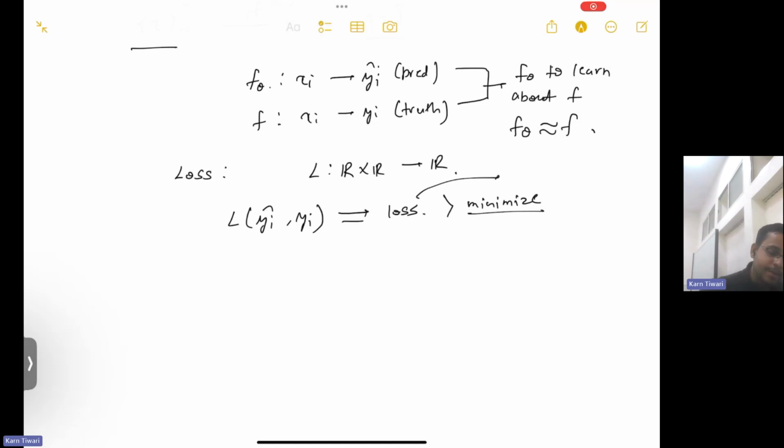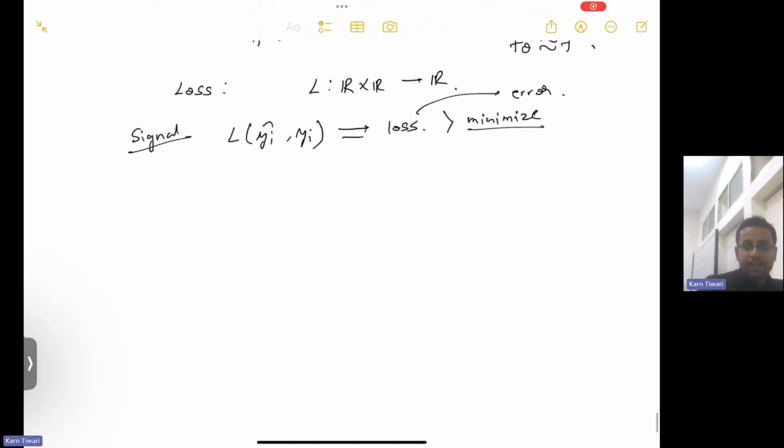It can be called loss, error, or mismatch, but basically in deep learning it is the error signal. It is the information we use for a model to learn about the underlying function f, which we parameterize by f_theta, where theta is the set of learnable weights. I hope this concept is clear.